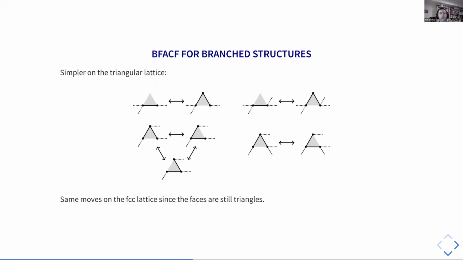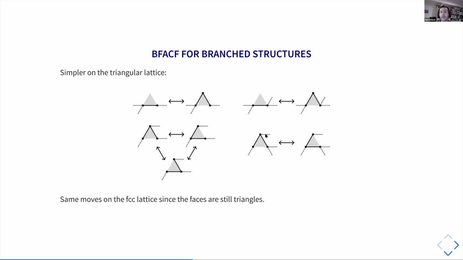Okay, so for the triangular lattice, as far as I can tell, there are 3 different types of moves. The one at the top left is effectively just the same that we've seen before. It's just a bumping out of an edge, and so it doesn't matter whether we've got vertices at degree 3 or not.